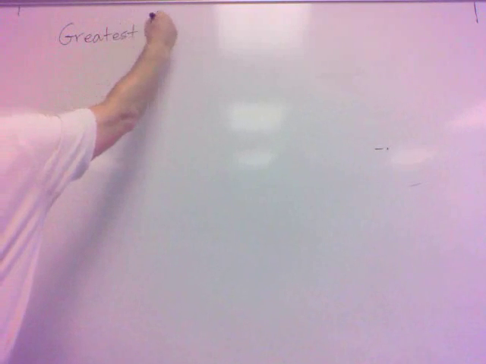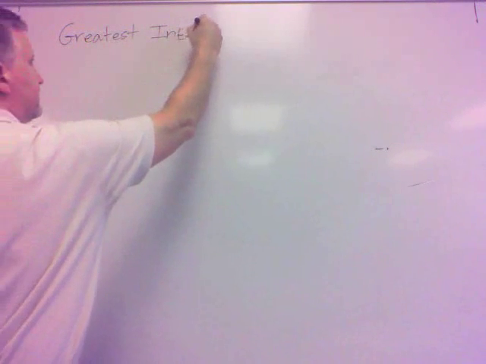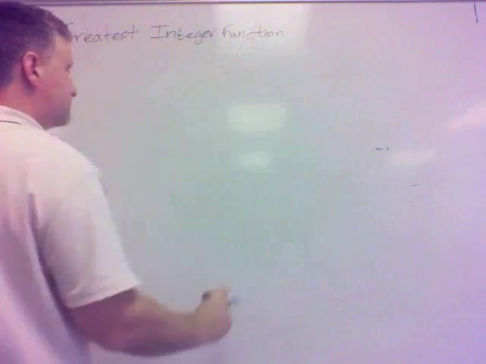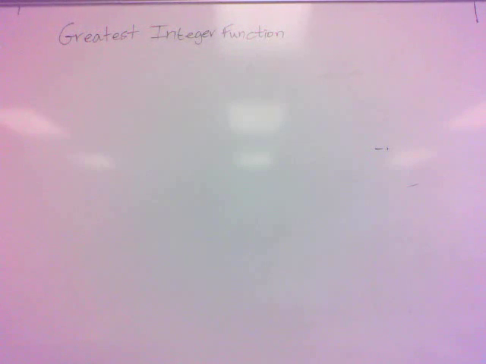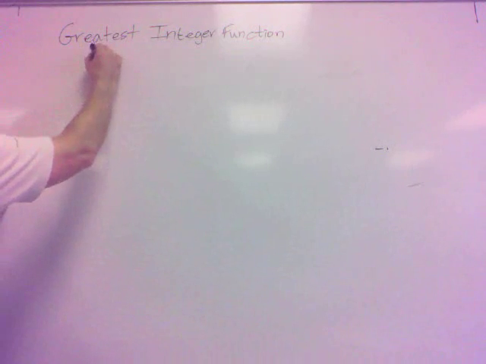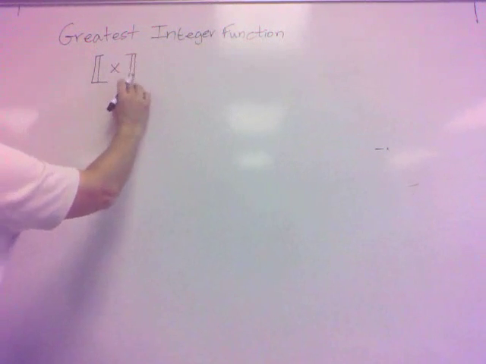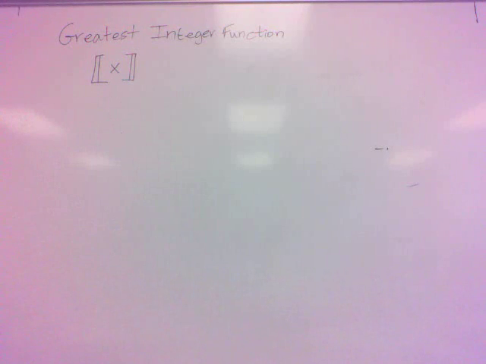The greatest integer function. Perhaps you've heard of it, perhaps not, but now you will have. It's denoted with, I think our book does the double bar bracket thing. Sometimes you might just see it with double bars, sometimes just bracketed.